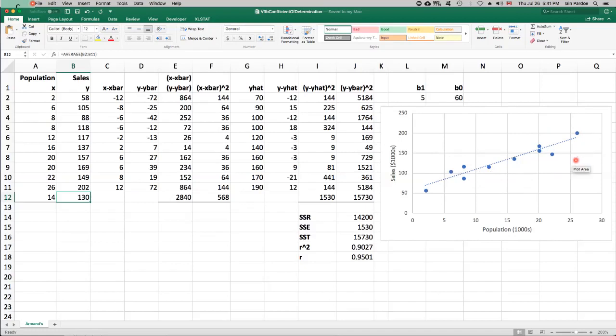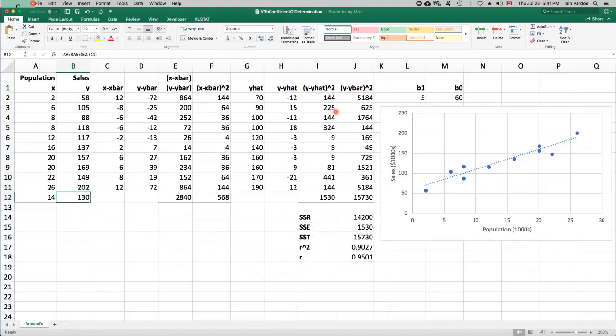So we could think of that horizontal line at y bar as being our best estimate of y if we didn't know what x was. If we didn't know about this association between sales and population, and all we were trying to do was guess what sales would be, and all we had was these numbers, our best guess would just be the average.